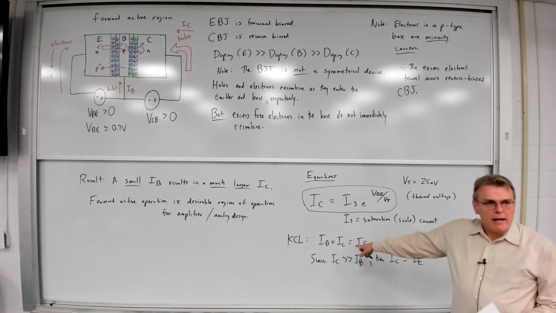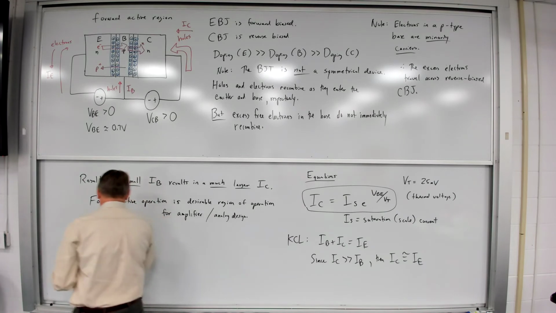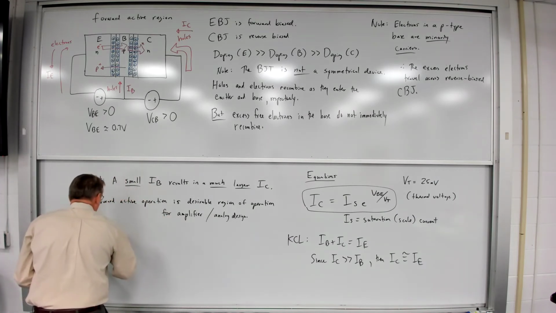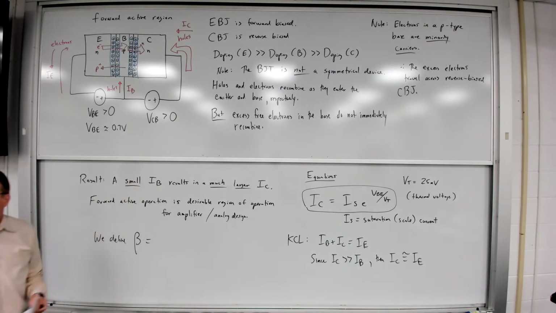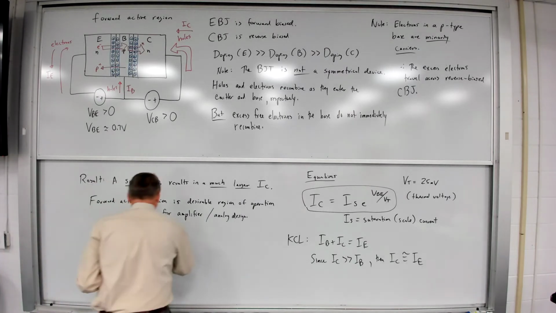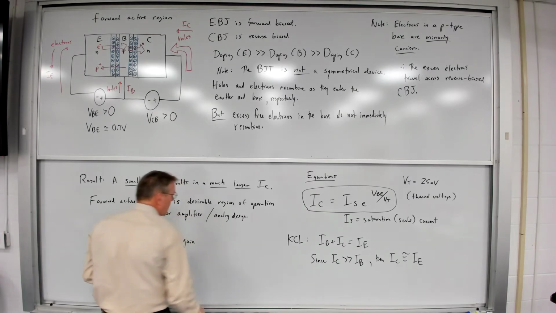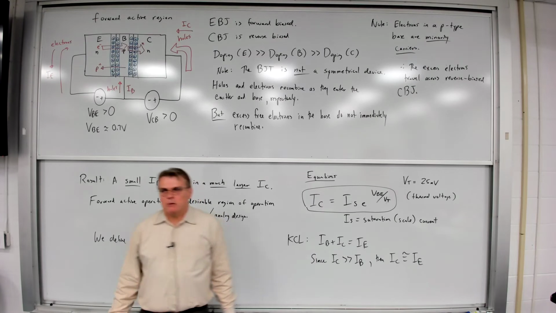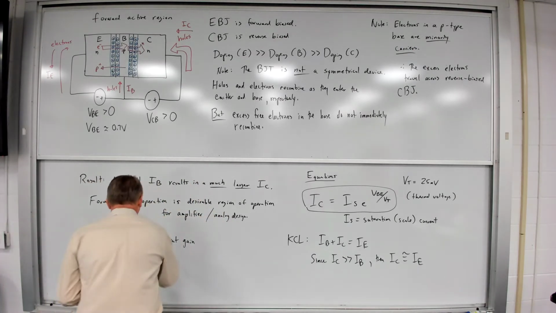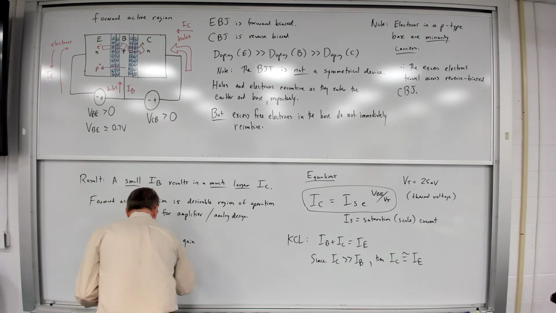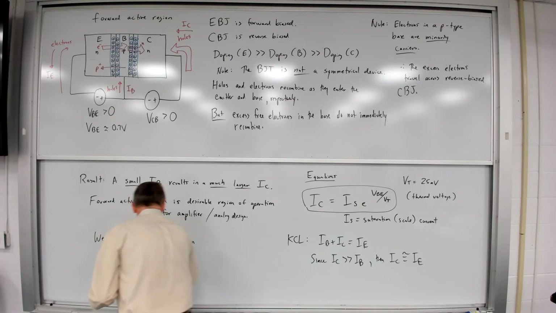Well, we define a parameter with this. Beta is our current gain. As we said, IC is much, much greater than IB. There's a mathematical relationship between the two. IC is equal to beta times IB.